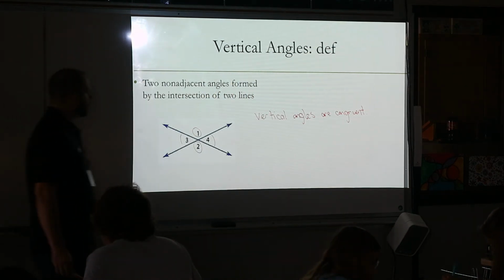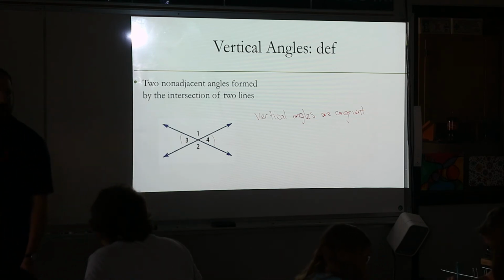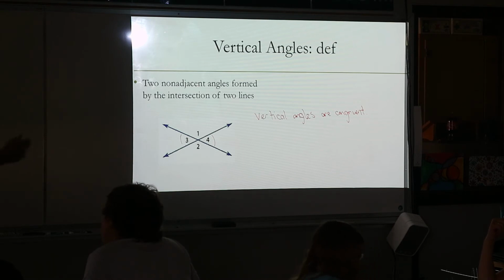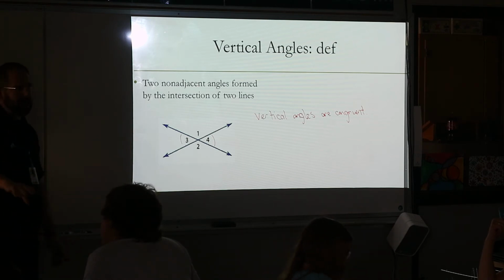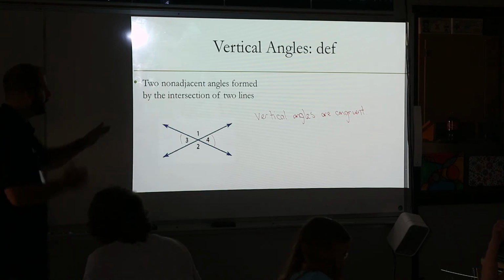In fact, on this picture, I actually have it already marked. 3 and 4, I put little bubbles on those. Those are equal angles. I want to prove the point. I want to talk about why that works every single time. It's common sense once you see it, but you do need to see why it's always going to work, no matter the pair, as long as you have straight lines crossing. There have to be two lines that intersect.